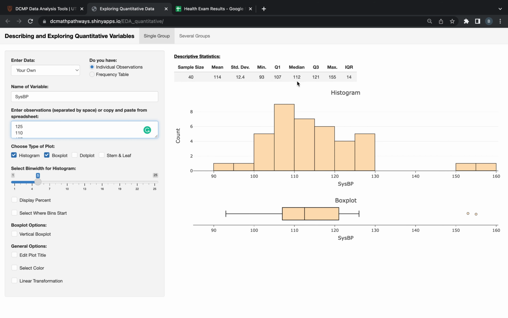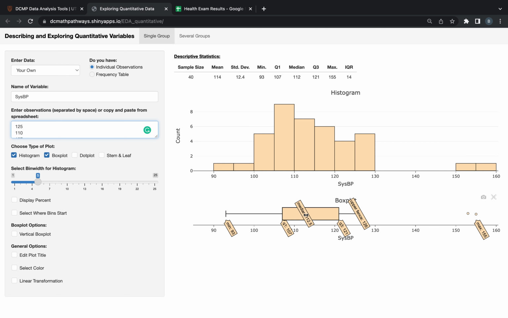And then we have the IQR. Again, that is the third quartile minus the first quartile. These quartiles mean 25% of the data would be below Q1, and 75% of the data would be below Q3. So that's our IQR. Looking at the box plot down here, this will show us the median.